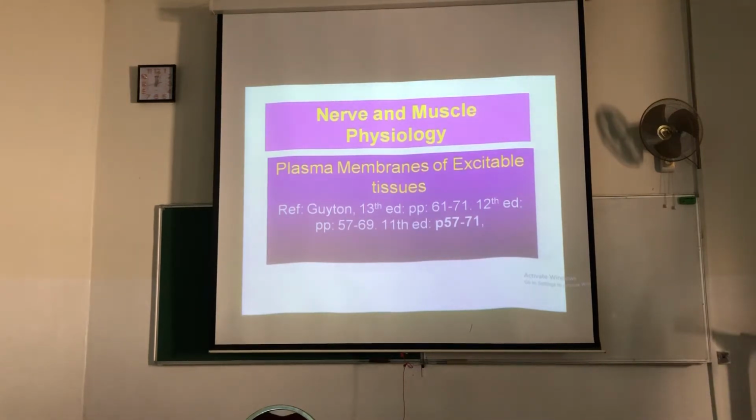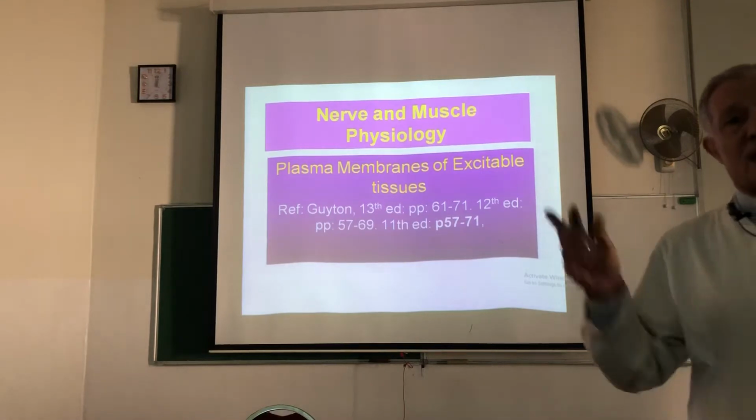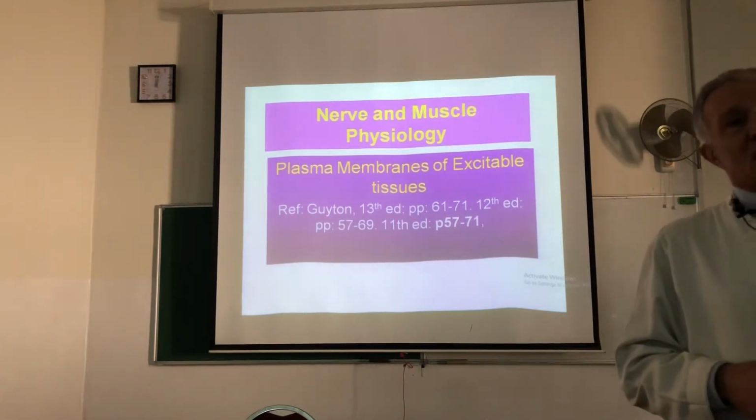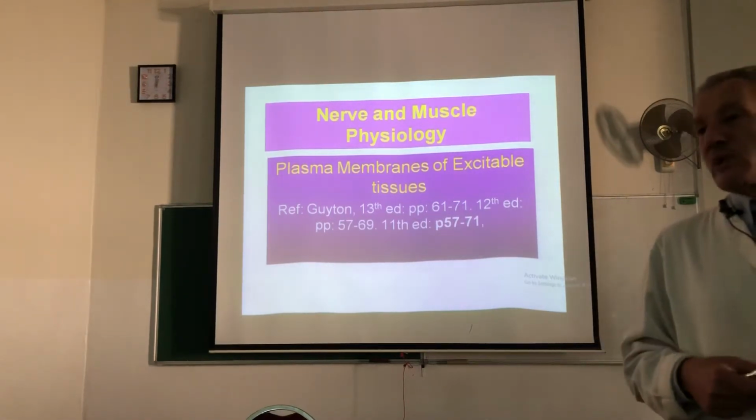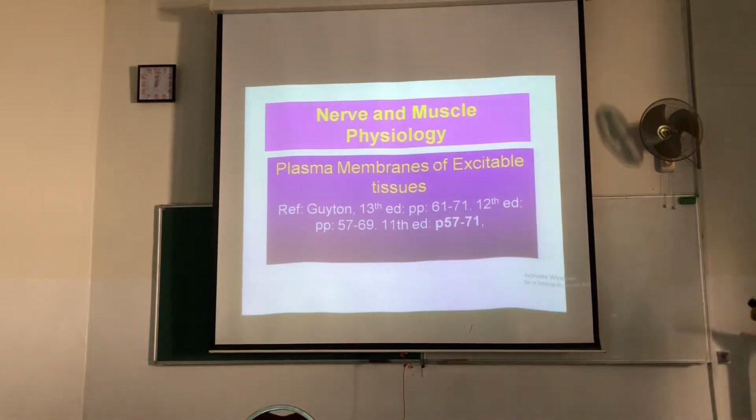So what do you remember about last year? You will find this information with regard to the membranes of excitable cells in Guyton, your reference book, and these are the editions and pages where you will find it.